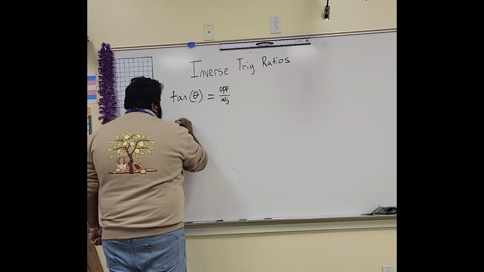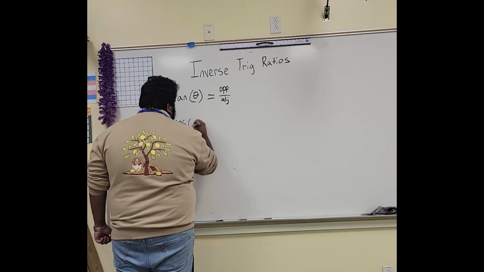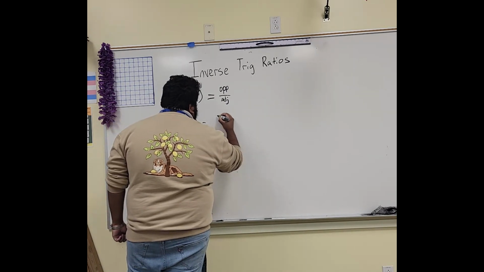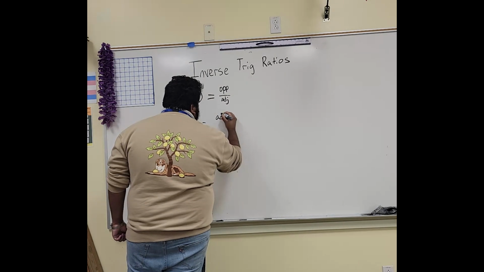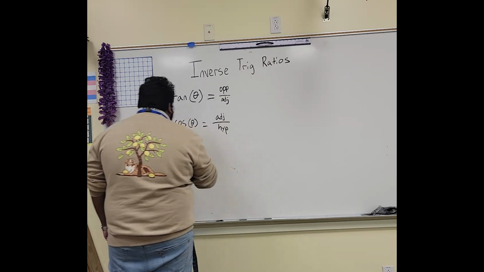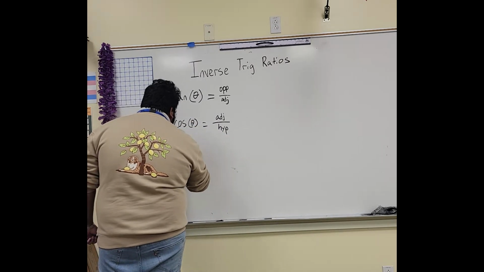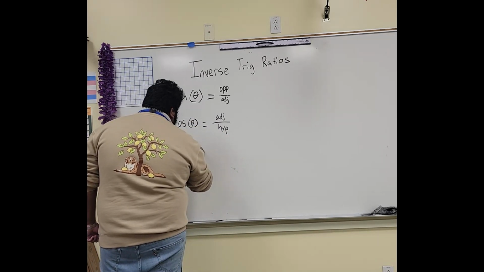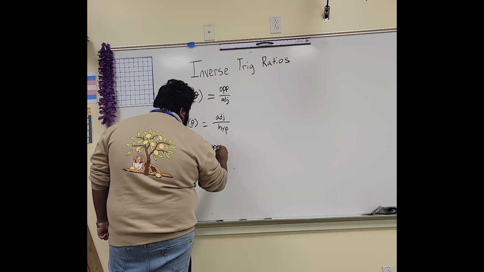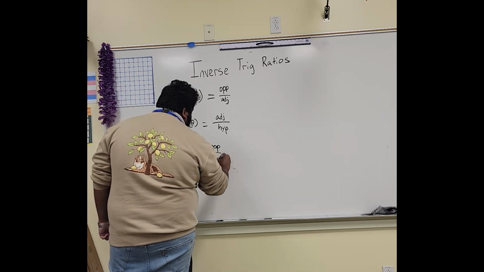And as we know, there's cosine of theta, and that corresponds to the adjacent side divided by the hypotenuse, and sine, which corresponds to the opposite side over the hypotenuse.